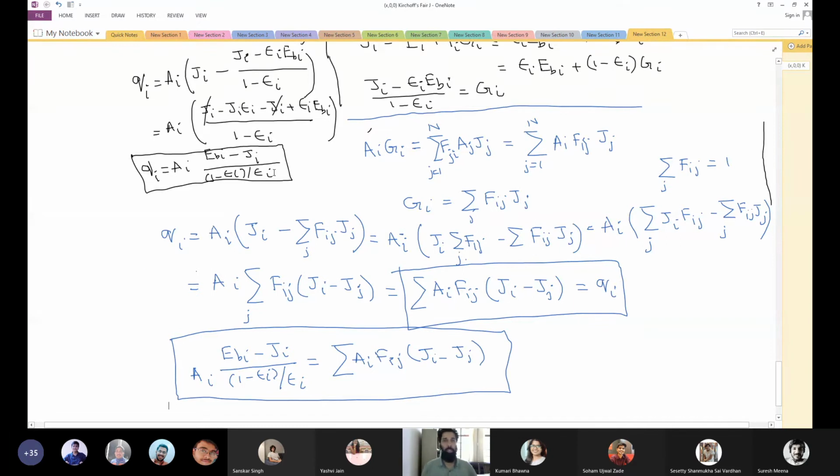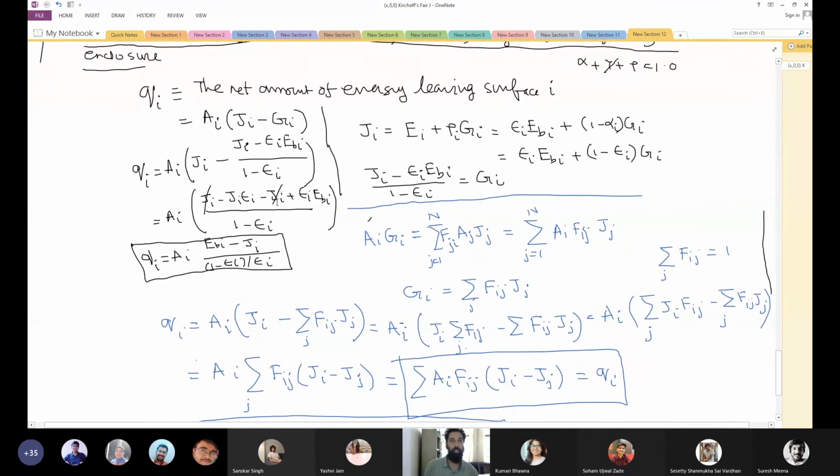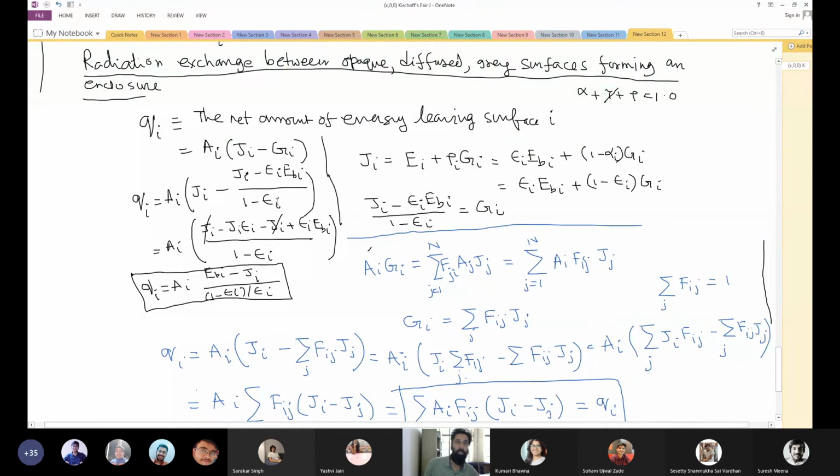Again, let me quickly revise what we did for radiation exchange between opaque, diffuse, gray surfaces forming an enclosure. Our venture is to get qi, the net amount of energy leaving surface i. We want to calculate that, and we write this equation qi as ai (ji minus gi). First, we have to eliminate other things in terms of known things.